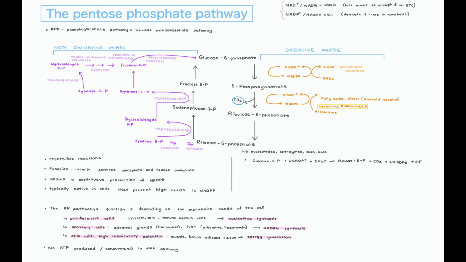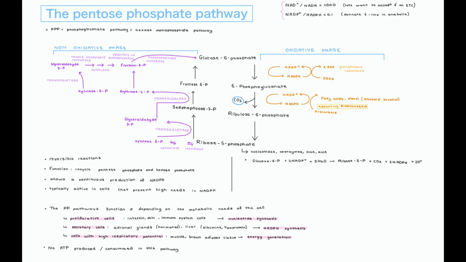So you can see that NAD+ wants to accept electrons, so you'll see it more in the electron transport chain, while NADPH wants to donate its electrons, which means it's important in the anabolic pathways, and so in the oxidative phase. So that's a little trick, so you know which one is used where.